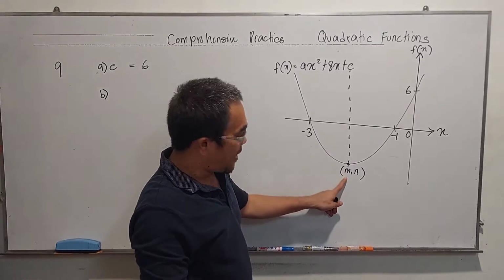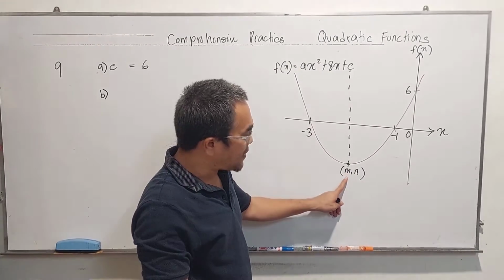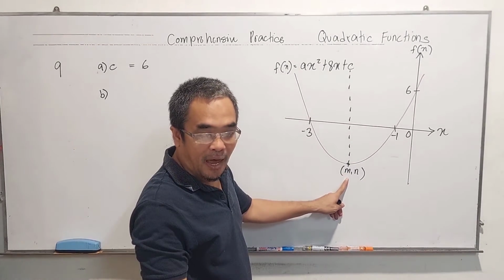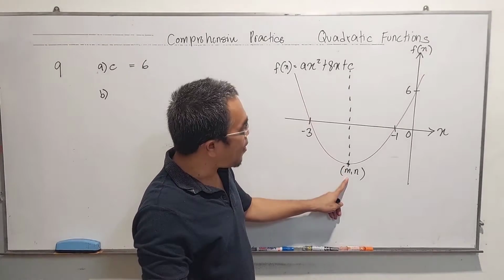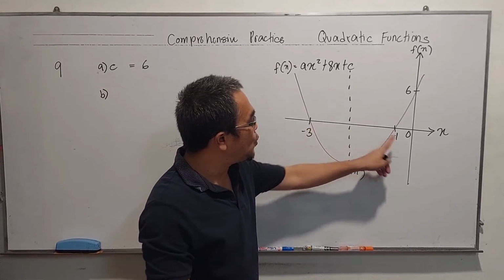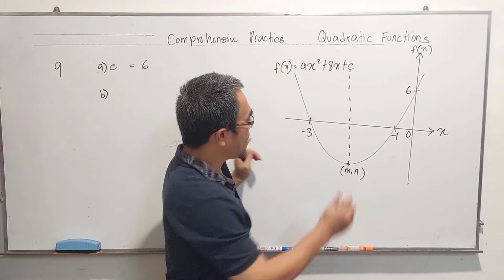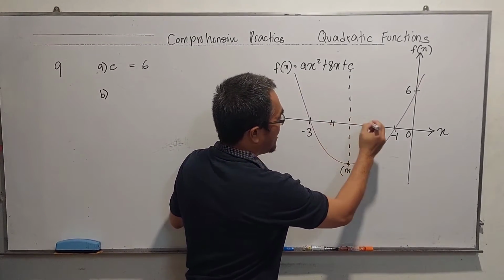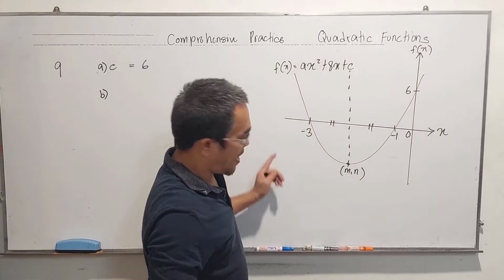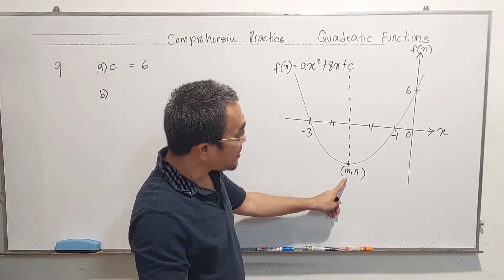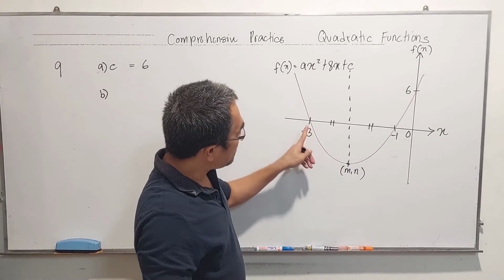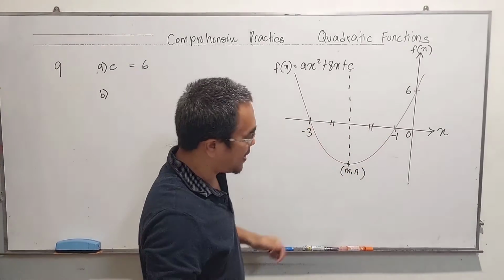What is the property of m that you might have remembered already? It is the midpoint between the two roots given here. So the lengths here and here are the same. So m could be calculated using the midpoint between the two roots given here.